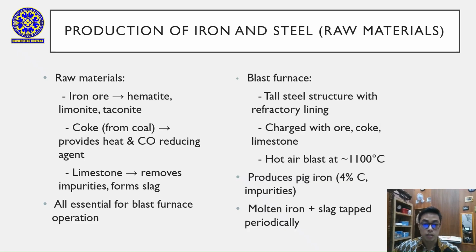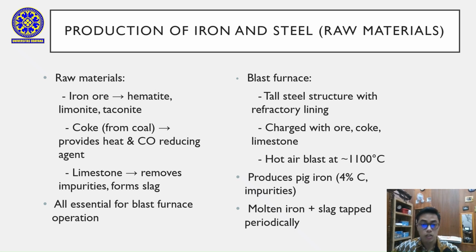To produce iron and steel, three main raw materials are needed. First, iron ore, which can be hematite, limonite, or taconite. The ore is beneficiated and processed into pellets. Second, coke, which is made from coal.